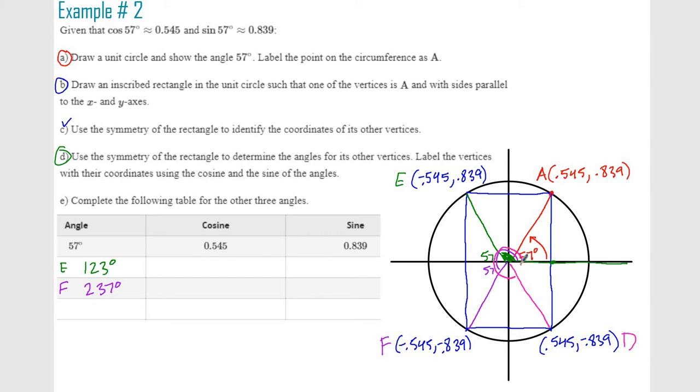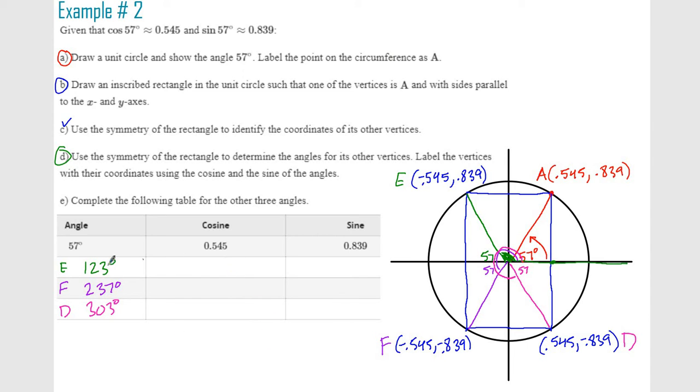But think about it, this angle right here should be 57, because it's a mirror image, folding down over the x-axis. So I like to think of it as 360 minus 57. So that's 303 to get to point D.